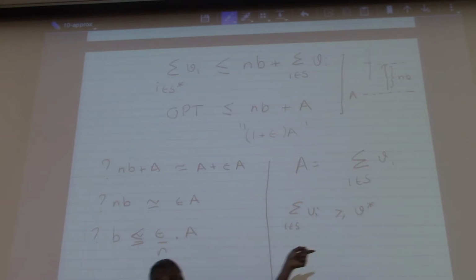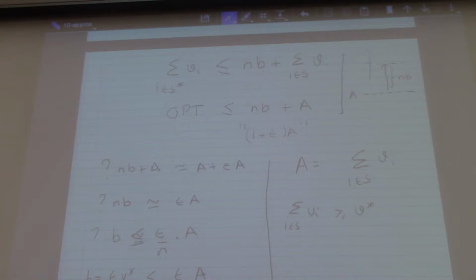So we know this is true. Therefore, if I set B equal to epsilon V star over N, I am guaranteed that this is less than or equal to epsilon over N times A, because of this argument here.